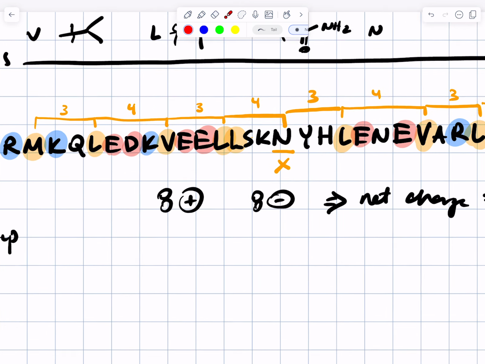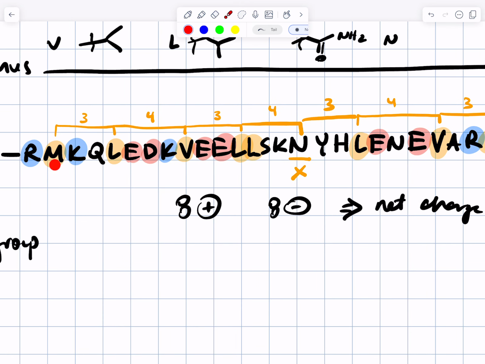What I'm trying to point out is, starting with this nonpolar methionine, you've got 1, 2, 3, there's a nonpolar residue. Then 1, 2, 3, 4, there's another nonpolar. And then you go 1, 2, 3, there's a nonpolar one. Now there happens to be another one there, and that's fine.